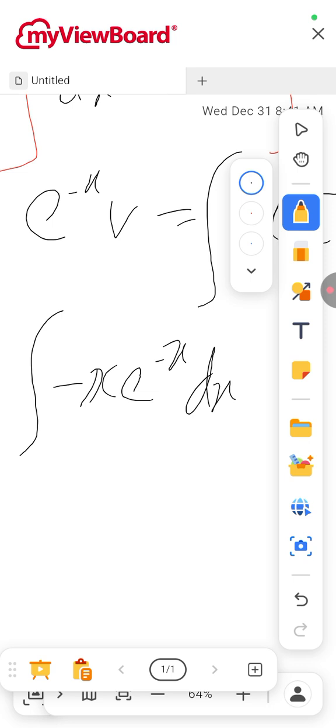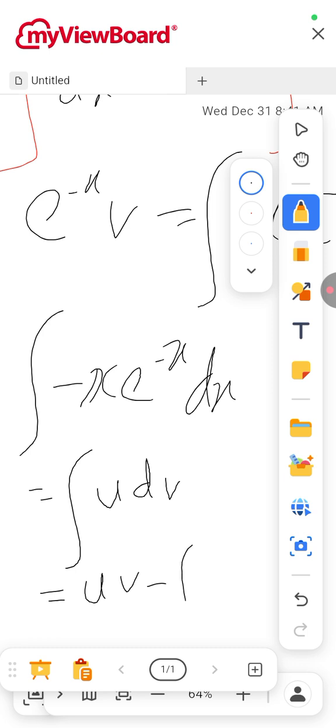To integrate this, I will turn the question into the integration of u dv, which is equal to uv minus the integration of v du.